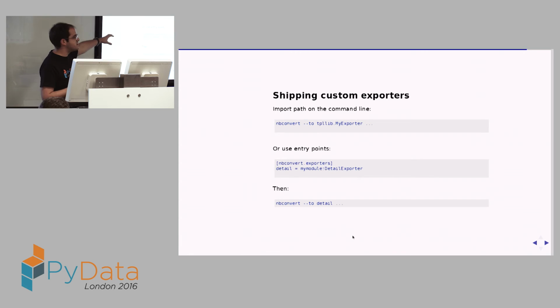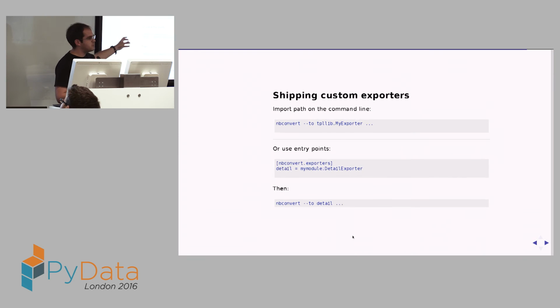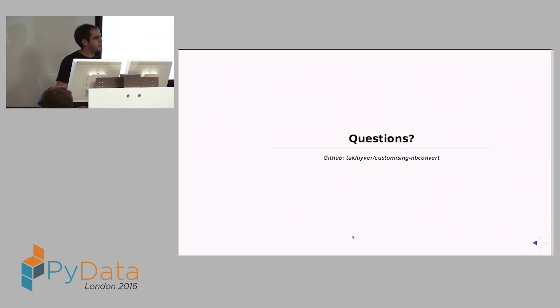So when you package your code up to put it on PyPI, you can give it some information saying my code defines an nbconvert exporter, and you give it a name, and similarly in this case it's module name : class name, and then that allows people to use this shorthand syntax. So this name matches up to this name here.